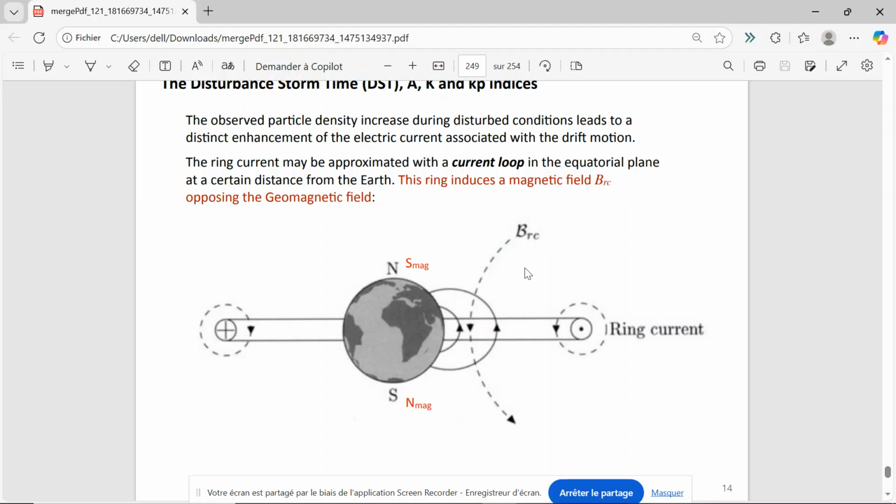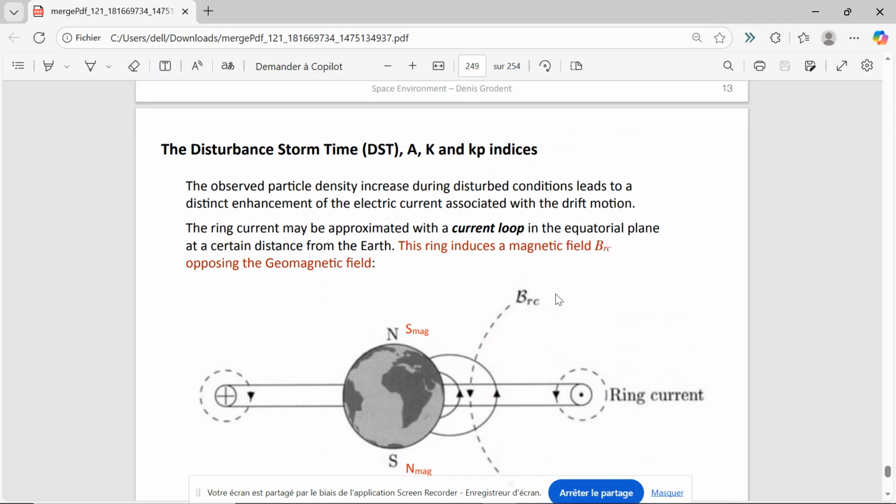As the ring current magnetic field is opposite to the one of the Earth, if we notice a reduction in the resultant magnetic field, it means that we have a large ring current, creating what we call a disturbance storm.